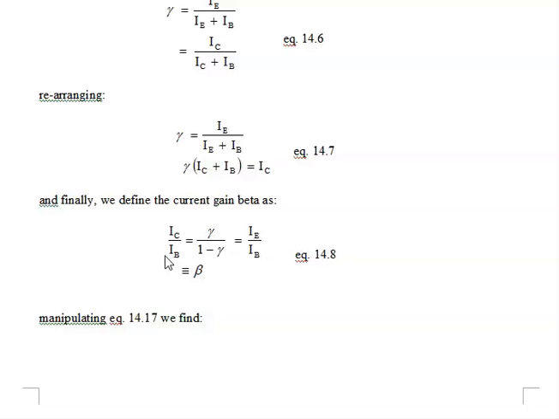If that number is high, the emitter is, for example, 100 times the base doping, then beta will be pretty close to 100. So if gamma, for example, is 0.99, that would be a beta of about 100.